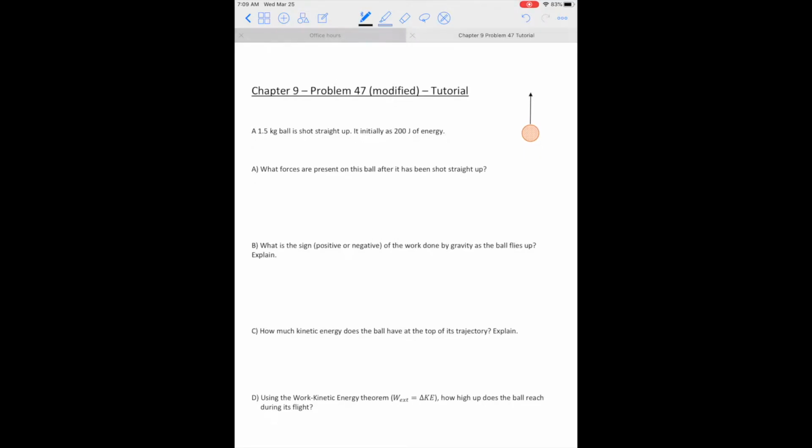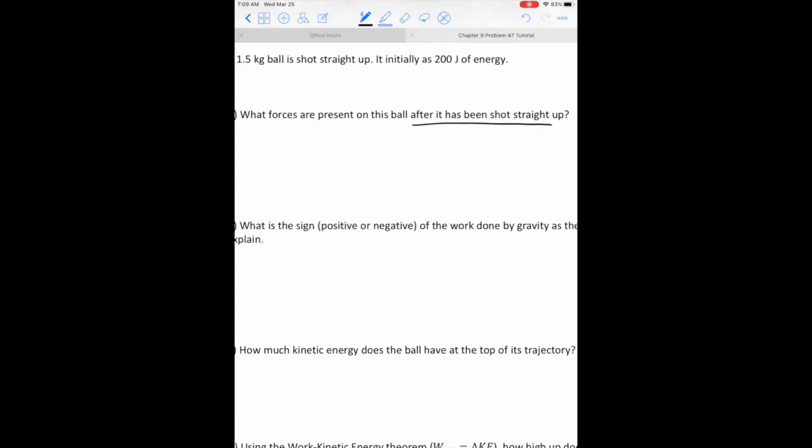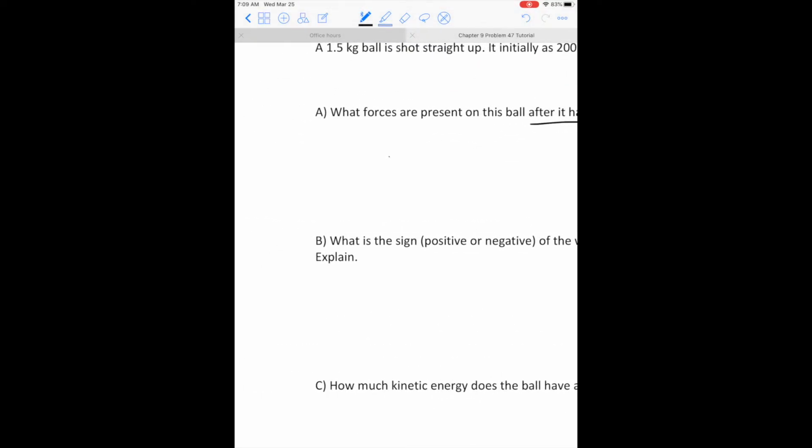So what forces are present on this ball after it has been shot straight up? The big thing here is that it's after it has been shot straight up, so I'm considering no effects of actually shooting it. It's just in the air. If I think about it that way, this is almost like a kinematics problem.